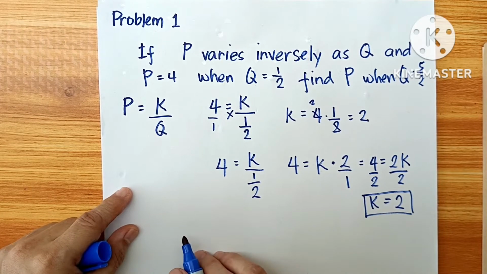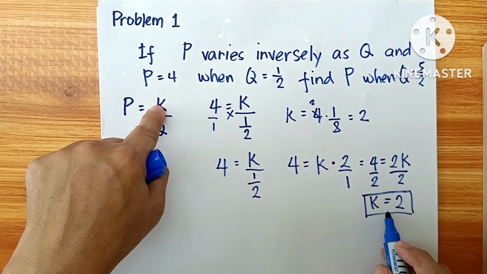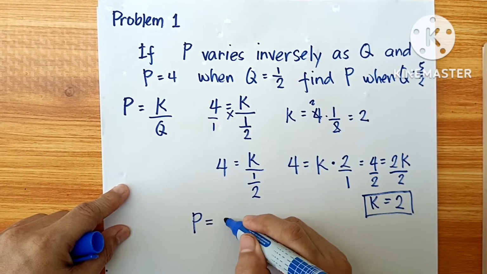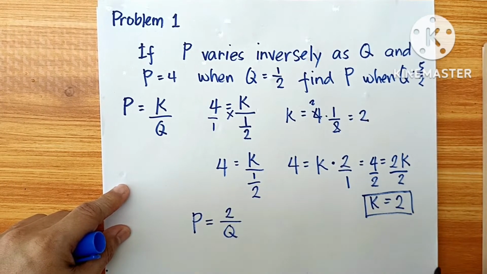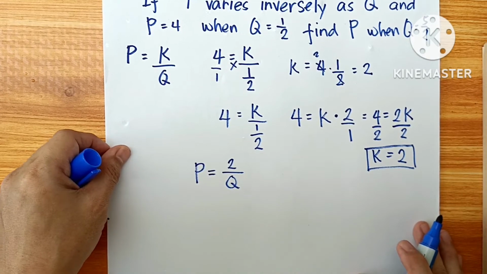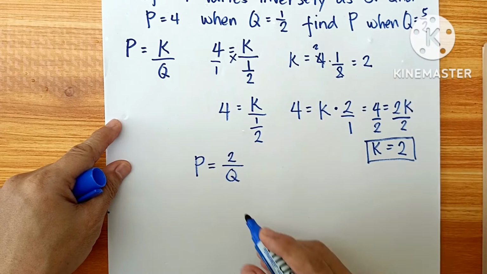So what now is our equation? Just substitute the value of K to the original equation. P is now equal to 2 over Q. Now let us solve for P when Q is 5/2.